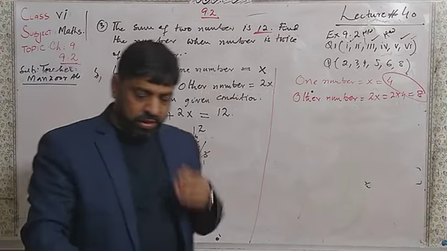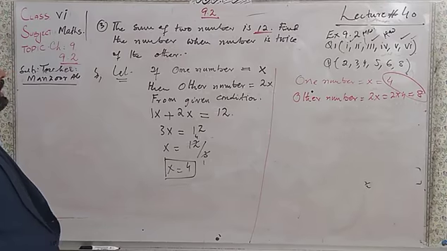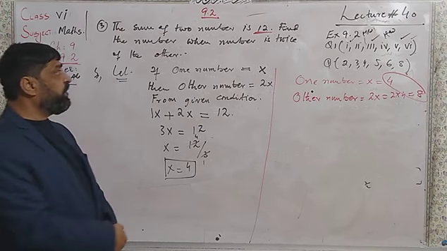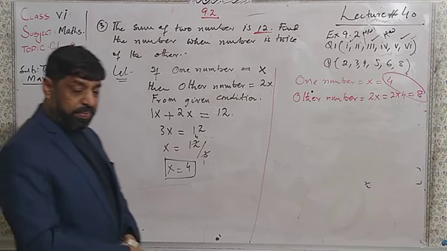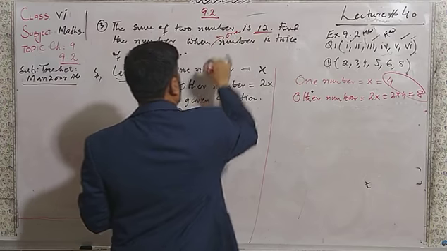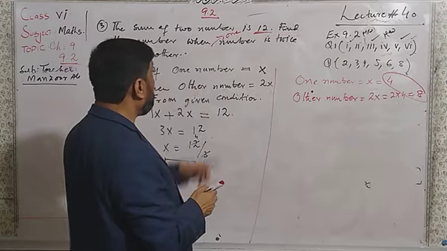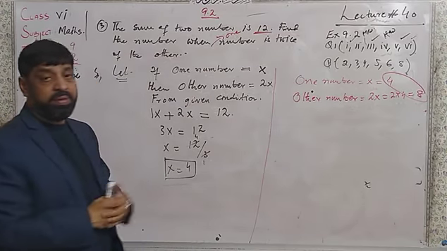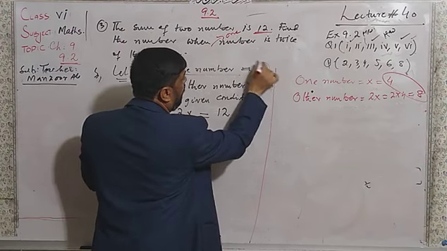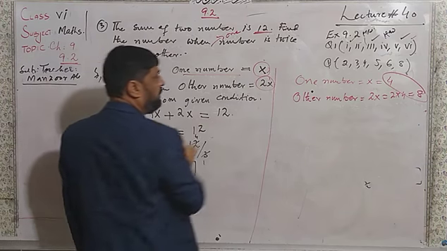This is question number 3. The sum of the two numbers is 12. Find the number when one number is twice the other number. Let's suppose one number is equal to x. Then its twice will be 2x.